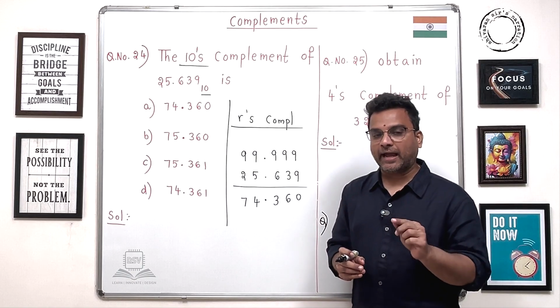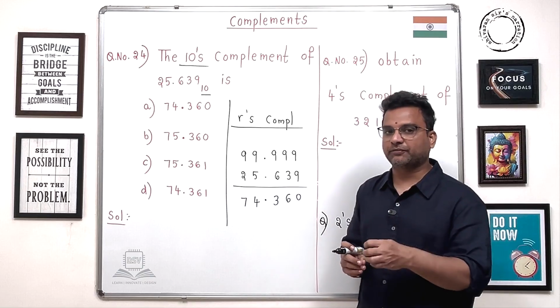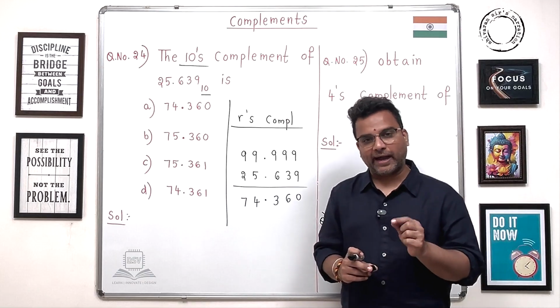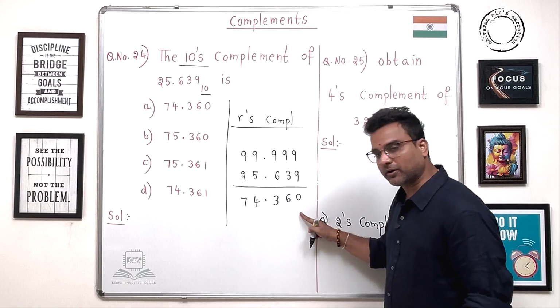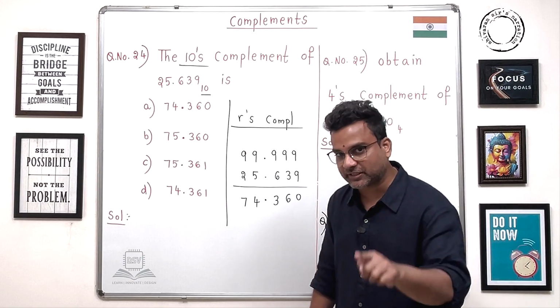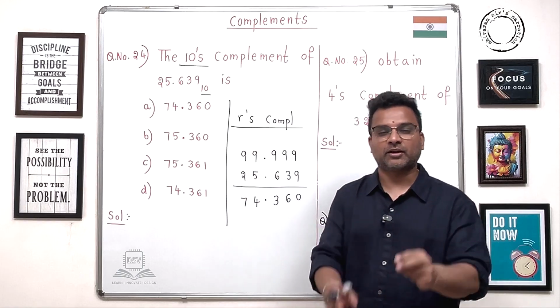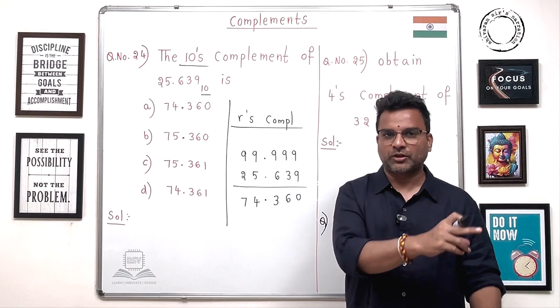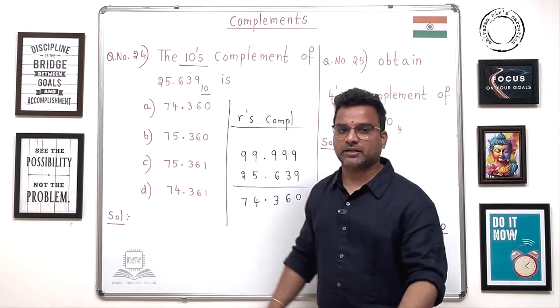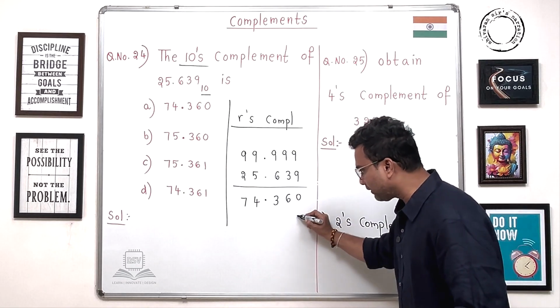Step 2. Add 1 to the least significant digit. So do you add 1 below 4 or below 0? Below 0. Whether it is a decimal point or integer values, you need to take the least significant digit. Hence, you add 1 here.